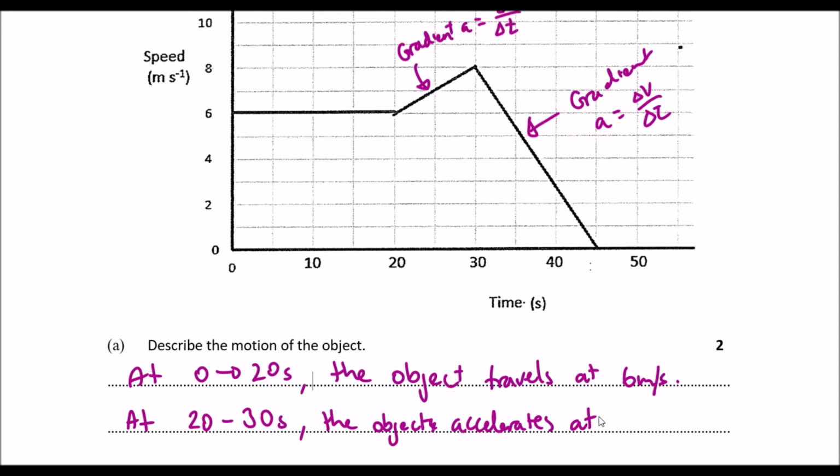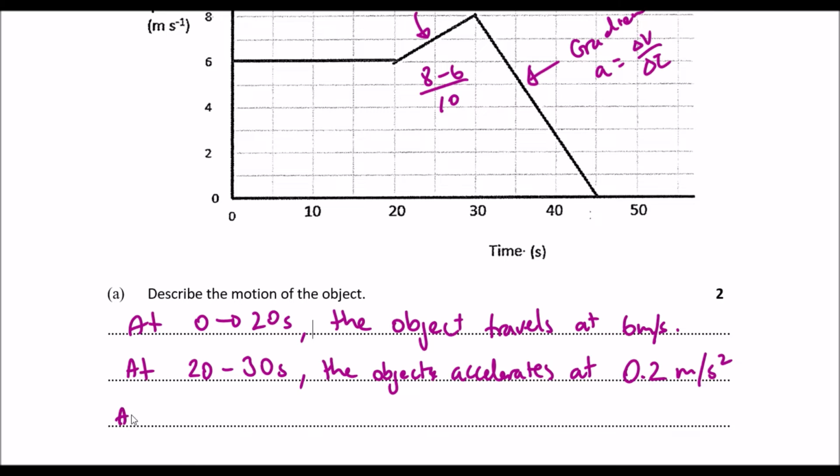And let's just quickly work out what that value is. So 8 minus 6 over 10, so 0.2 meters per second squared.